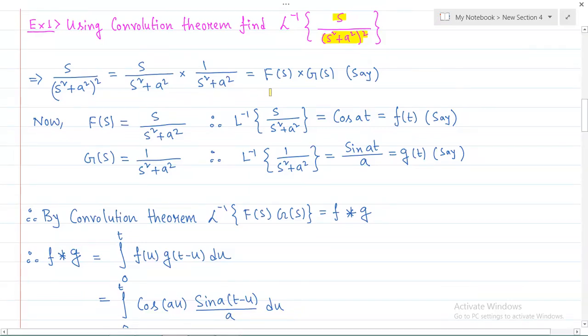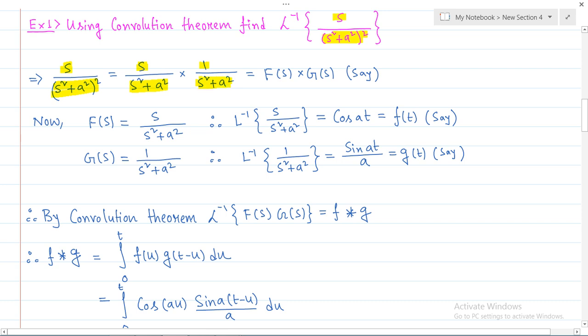Now how to apply this in the question? First of all we have to look at the function inside the L inverse, whose L inverse we are going to evaluate. That is s upon a square plus a square, whole square. Can we write this function as a product of two functions, or can we split it? Yes, we can split. What are the two functions we can have? One function will be s upon a square plus a square, another function is 1 upon a square plus a square.